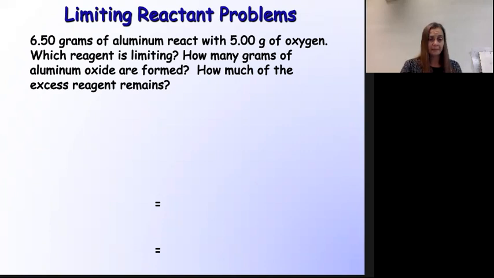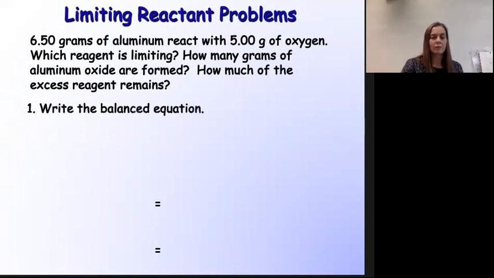And we're going to begin by determining which reactant is limiting. You can see that in our problem, we're given 6.50 grams of aluminum and 5.00 grams of oxygen. So when we think about our stoichiometry problem, again, we have 2 givens. First thing we're going to do, as always, is write our balanced chemical equation.